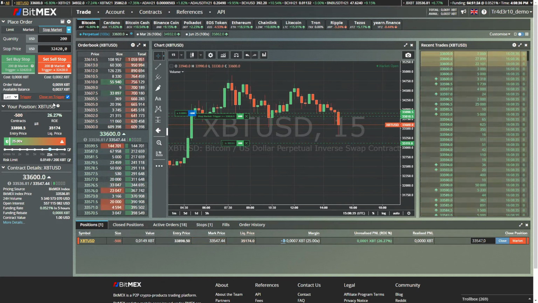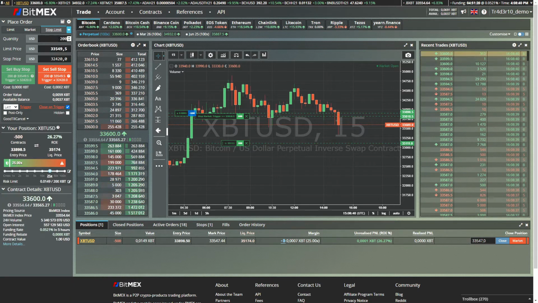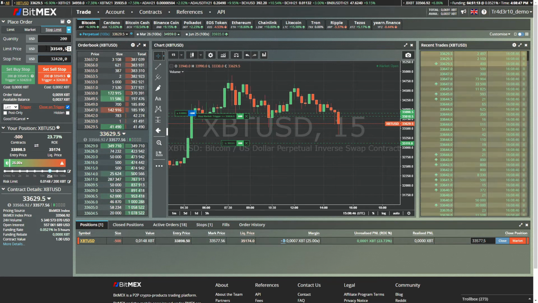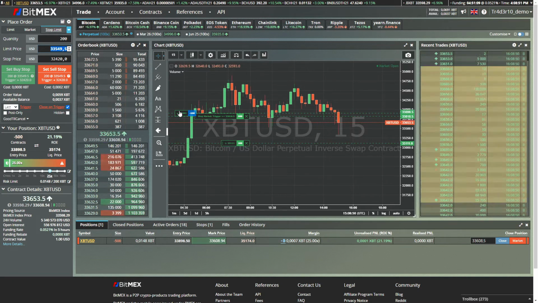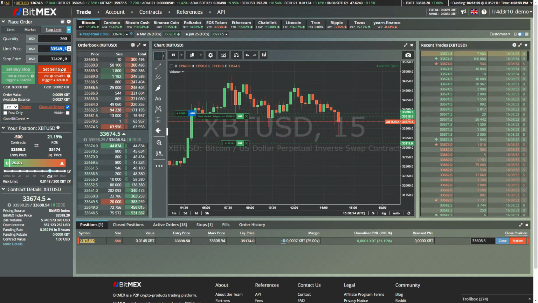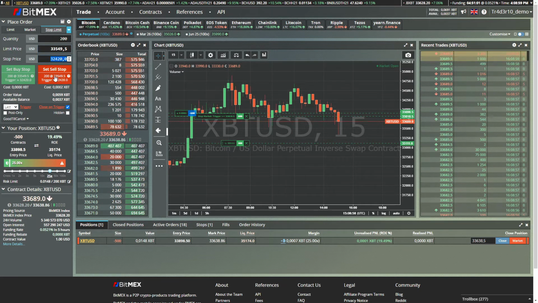It will only reduce a position. You can use a stop limit. It will wait for price to go to this price, and it will trigger a sell order or a buy order based on which direction you are in. So it will basically trigger a limit order when price is going there.